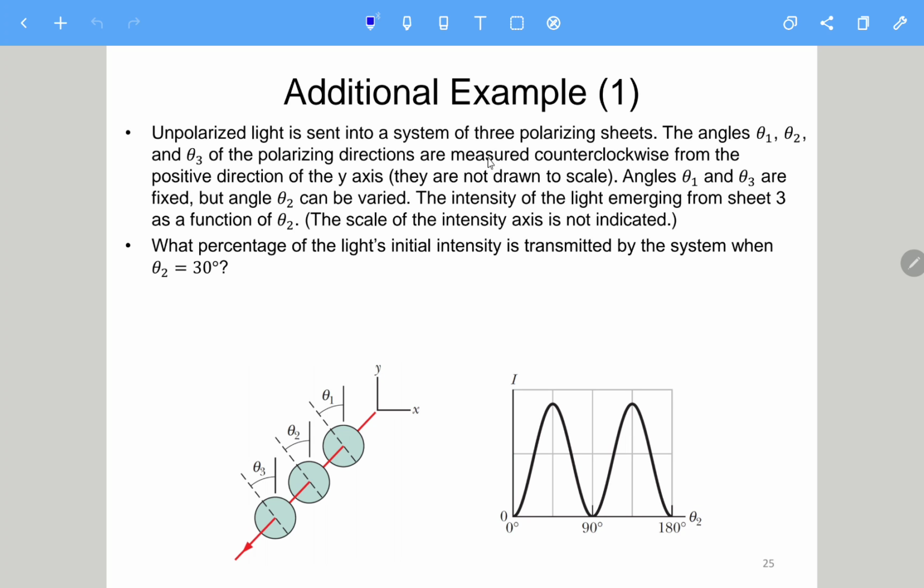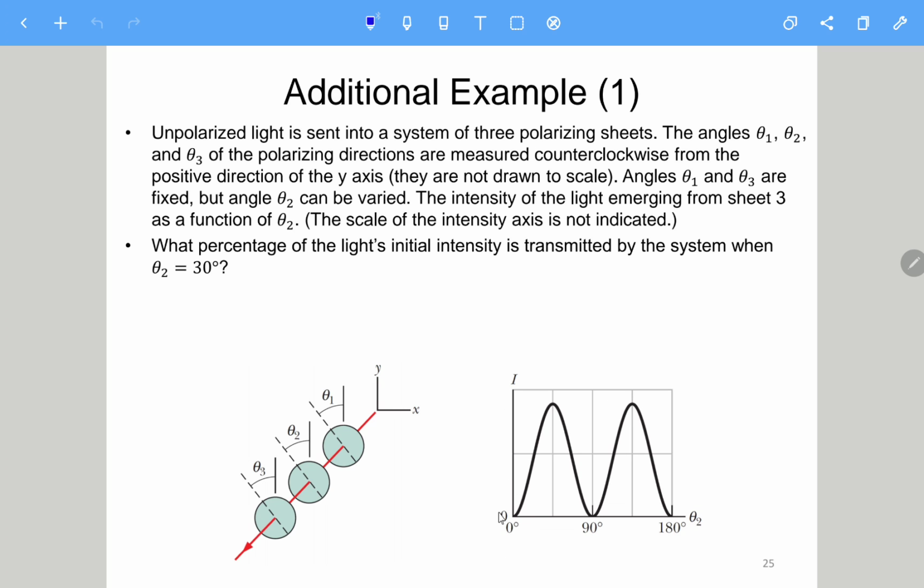Angles theta 1 and theta 3 are fixed. They do not change. But angle theta 2 can be varied. The figure shows the intensity of the light emerging from sheet 3 as a function of theta 2. The scale of the intensity axis is not indicated, so it does not tell you the maximum point.